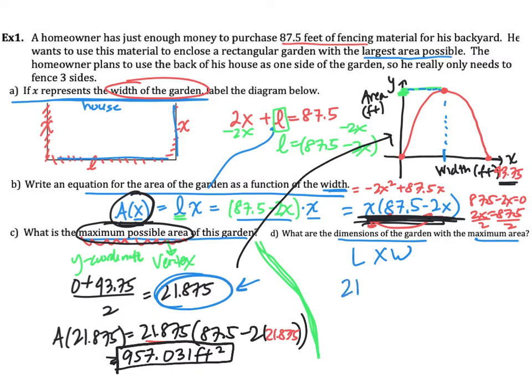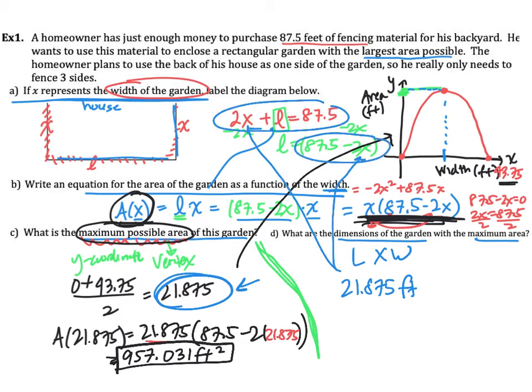So the width is 21.875 feet, and then I would plug that value in to calculate the length. So I'm going to get 87.5 minus 2 times 21.875, and whatever this answer is, my length. So that was 43.75 feet.